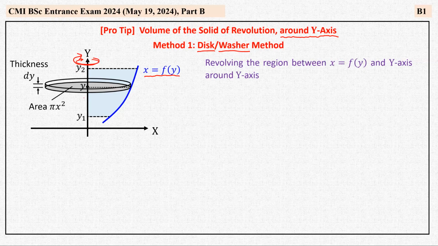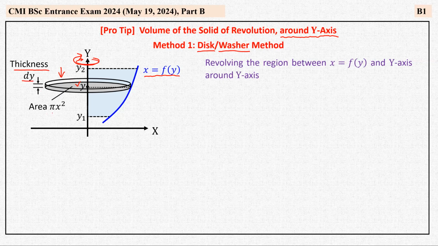In a nutshell, calculating the volume is first calculating the infinitesimal volume at a specific coordinate y and adding them up, which results in an integral. In this case, the volume element is a disk with a circular cross-section and an infinitesimal thickness dy.